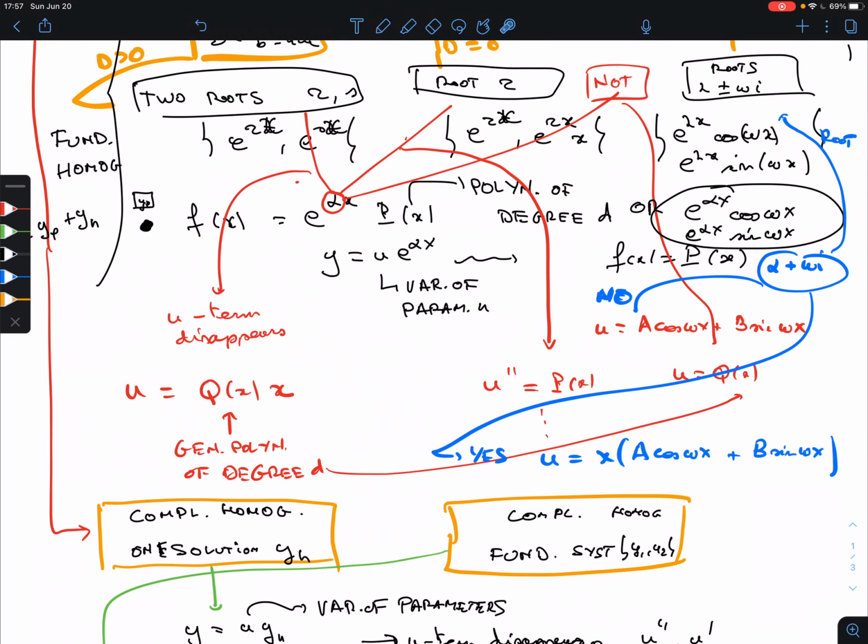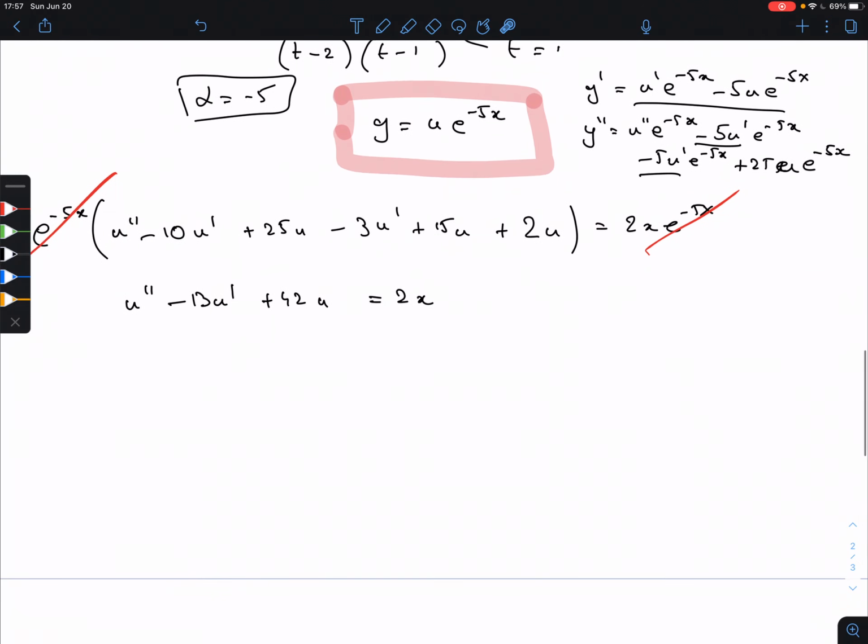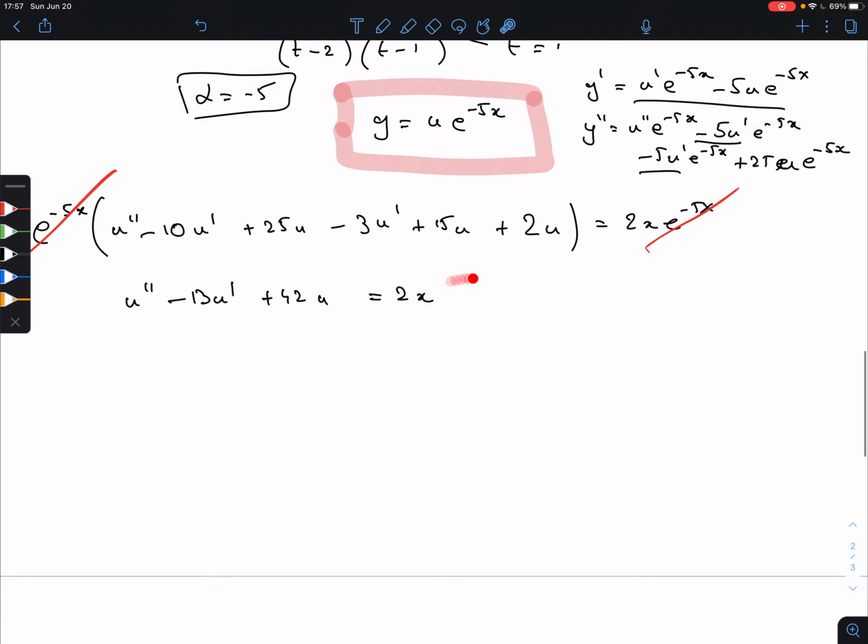We know that u is in the case that it's not a root. So u is just a polynomial with indeterminate coefficients of the same degree as what we have. What do we have? Degree 1. So u is ax plus b, a general polynomial of degree 1.